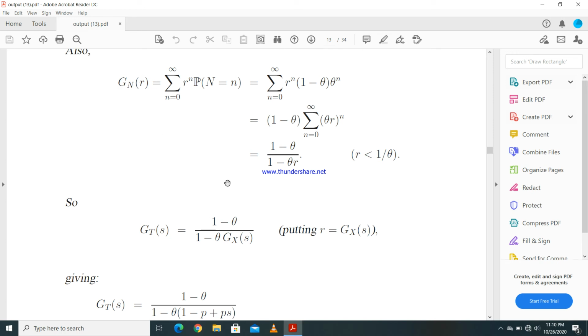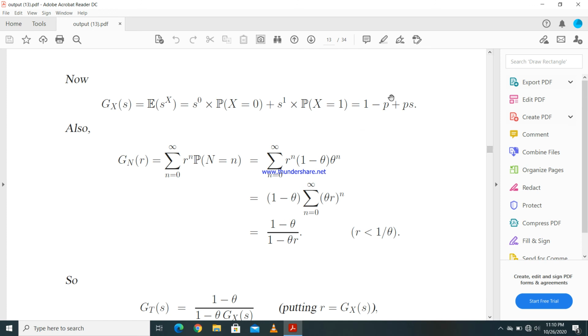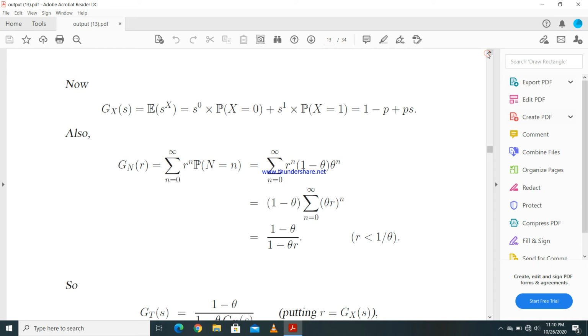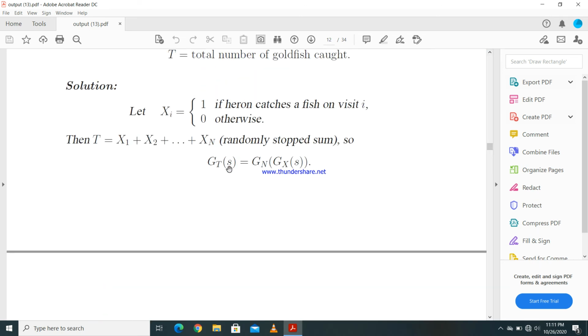So here the probability generating function of n is this one, and the variable is r, and the probability generating function of x is 1 minus p plus ps. So the variable r you have to replace by the probability generating function of x, because that's what we have proved here, right? For the randomly stopped sum, you take the probability generating function of n, and the variable you replace by the probability generating function of x.